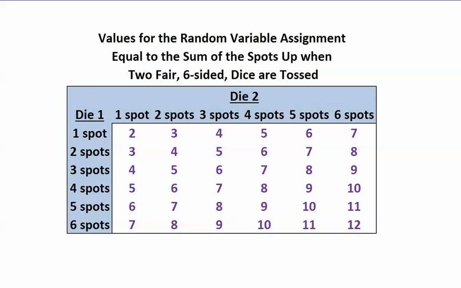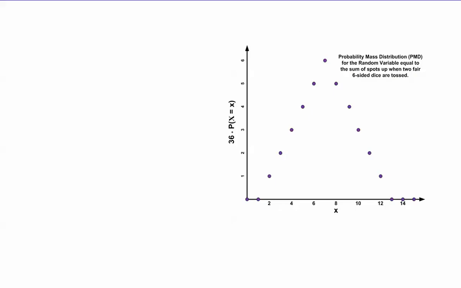When I toss two fair six-sided dice and add the number of spots up, I can get anywhere between 2 to 12 total spots up. I can't get less than 2, nor can I get greater than 12. Also, from our last video, over on the right-hand side of the screen is my probability mass distribution.